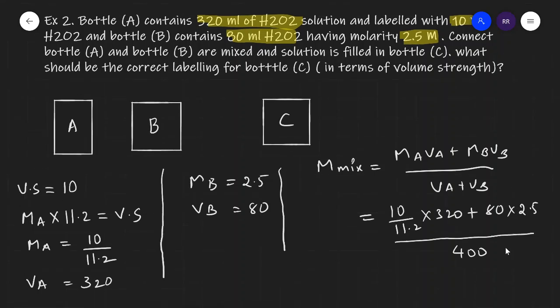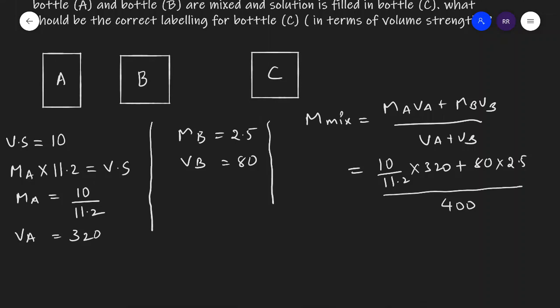If you do this, what molarity will you get? 10 by 11.2 is equal to 0.892. 0.892 into 320 is equal to 285. Here I can write 285 plus 200 by 400, which is equal to 485 by 400.